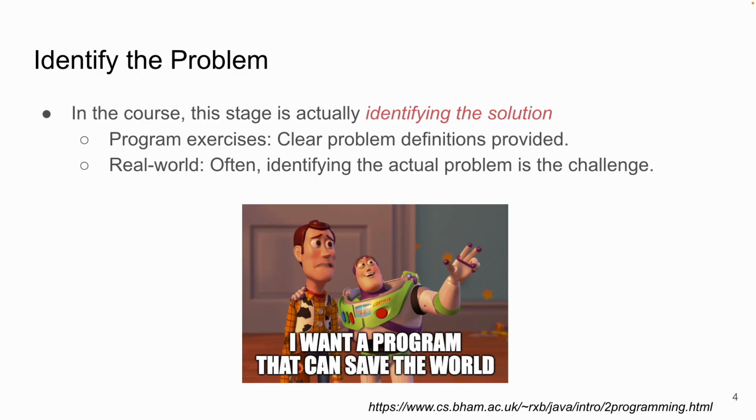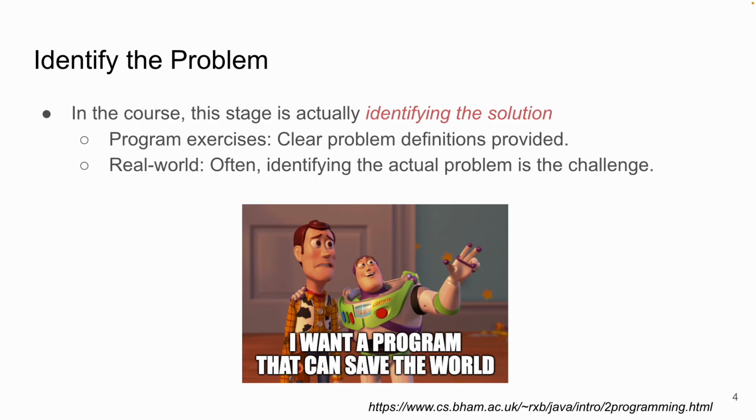This step also reflects what happens in the real world, and what happens if you want to get a job or an internship in the IT industry. Because most of the time, identifying the actual problem is hard, and we need to identify it by ourselves.